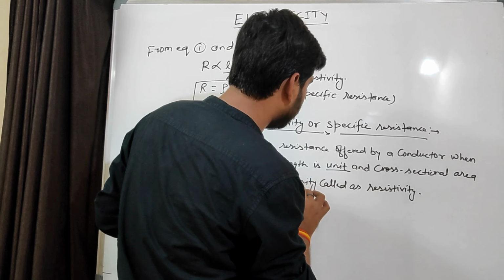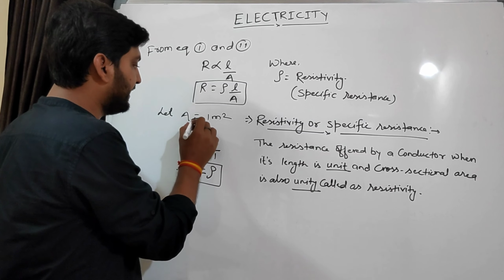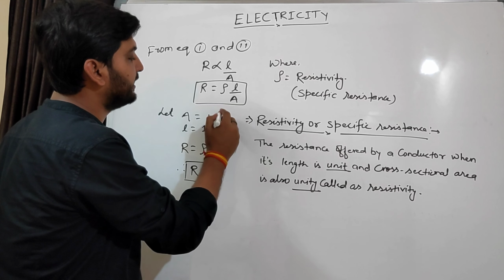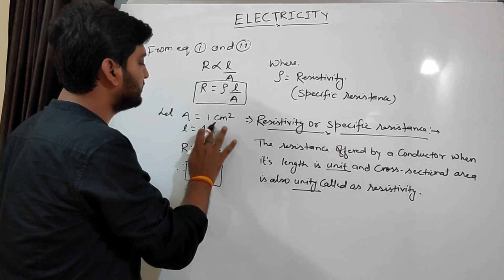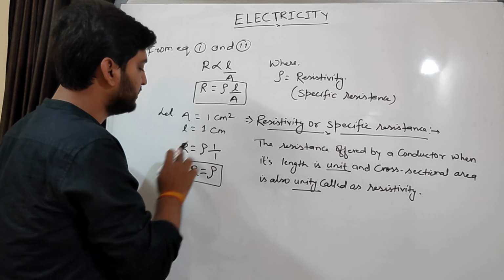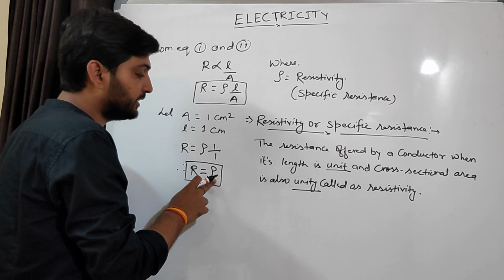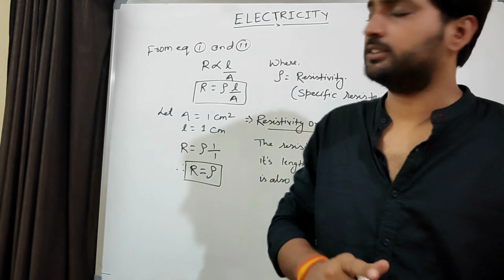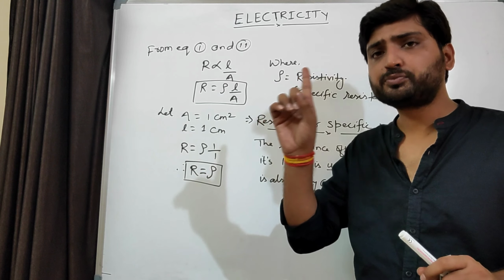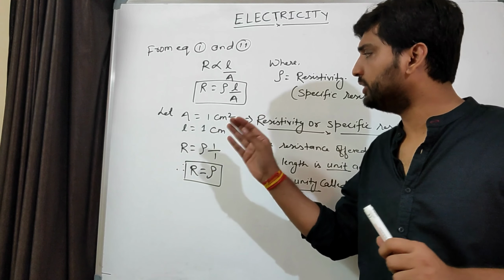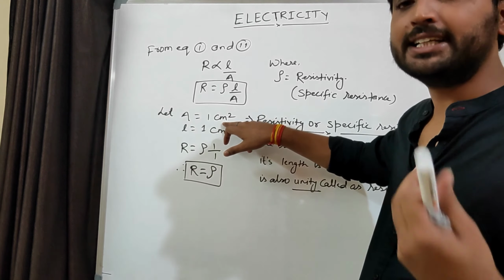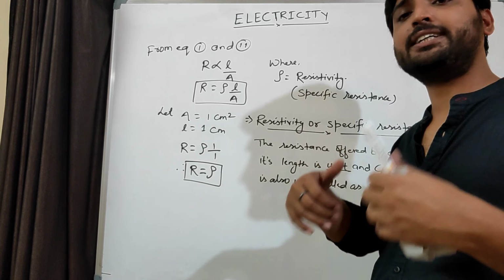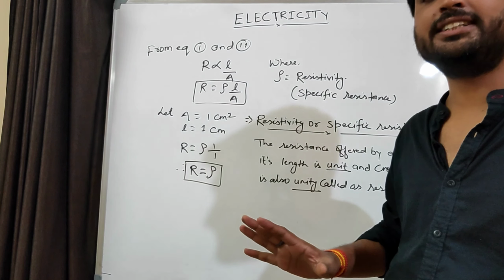Okay, this unit and unity means 1. If we take A equal to, suppose, instead of 1 meter we put centimeter square and length in centimeter, then the resistance is also equal to resistivity. So what we have to take is unit. Unit means 1. It is free from units. If we are taking in centimeter, in meter, in decimeter, or in kilometer, nothing changes.